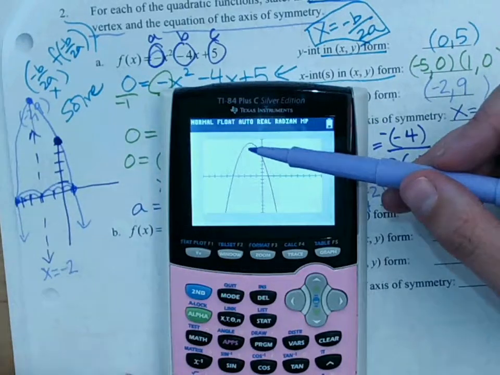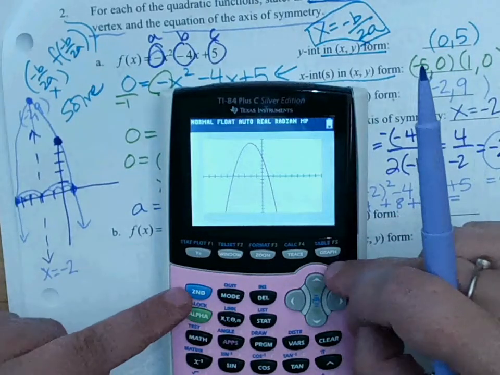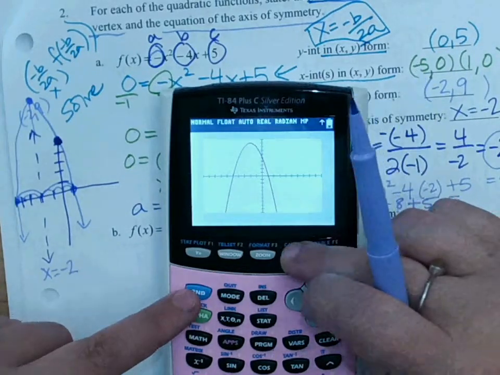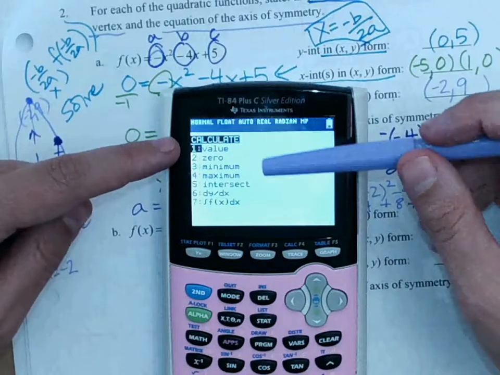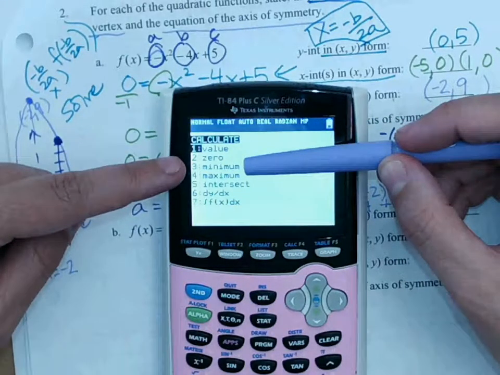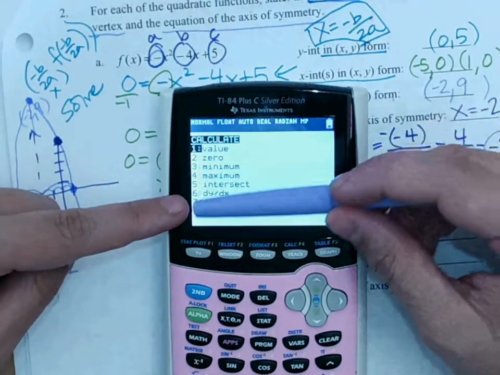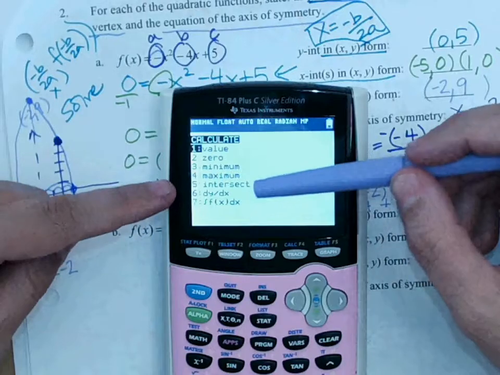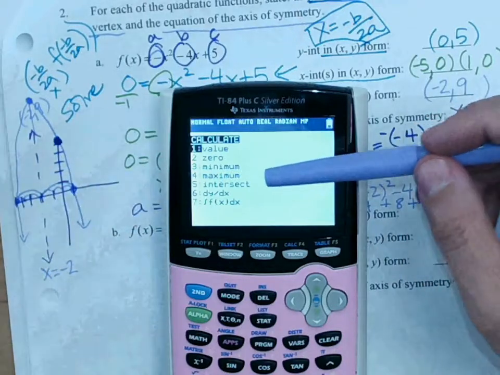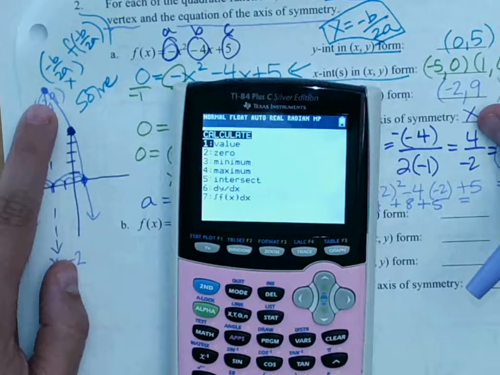But if we want to find that vertex right here, the top point, you can actually go second, calculate, that calculate menu. On the calculate menu you have value, zeros, minimum, maximum, intersect, okay, and then some other things that we're not going to use in this class. What point is this? When you look at the vertex, how could you describe the vertex?